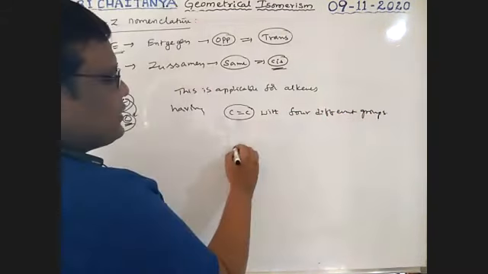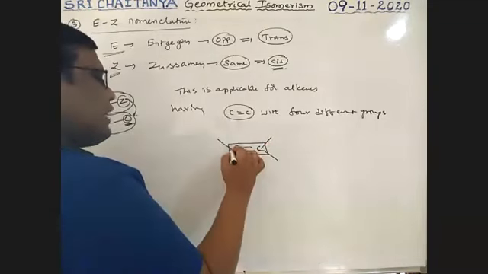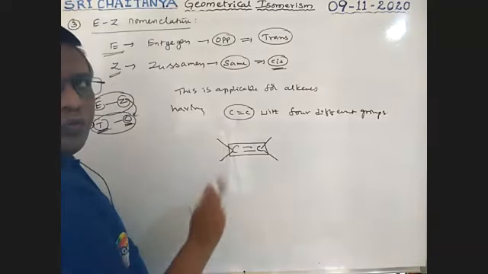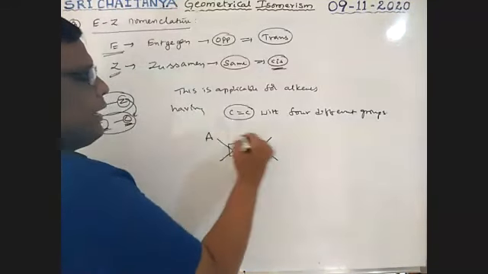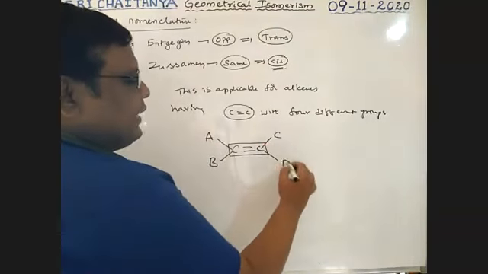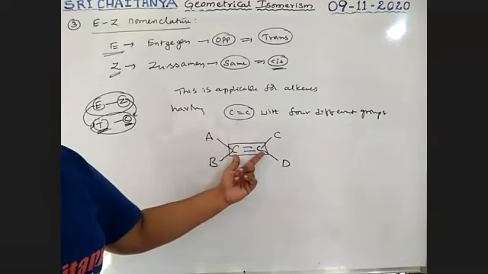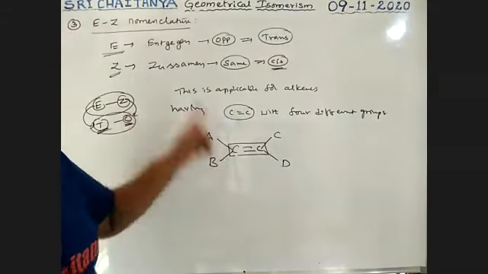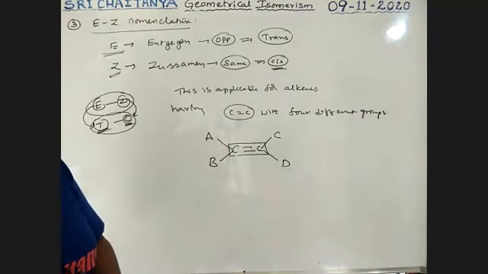This carbon has 2 free valencies, and this carbon has 2 free valencies. All these 4 valencies, 2 plus 2, are satisfied with 4 different groups, A, B, C, D. If C double bond C is bonded with 4 different groups, then this EZ system is applicable.